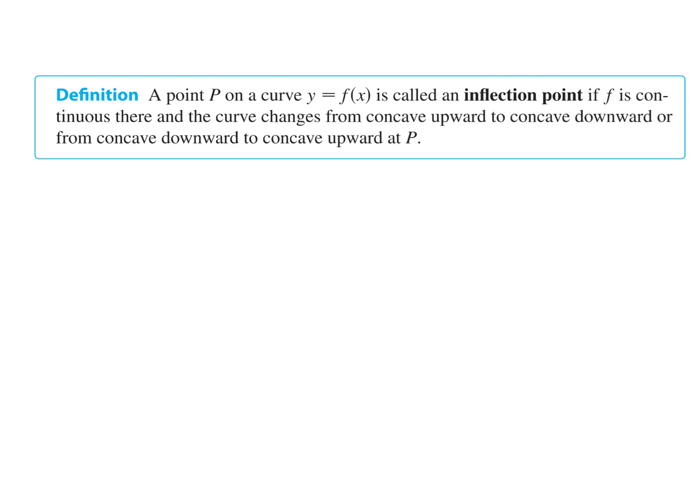It's important that f is continuous there. A point P on a curve is called an inflection point if f is continuous there, and the curve changes from concave up to concave down, or concave down to concave up. Right? That's where the concavity changes, at that specific point.